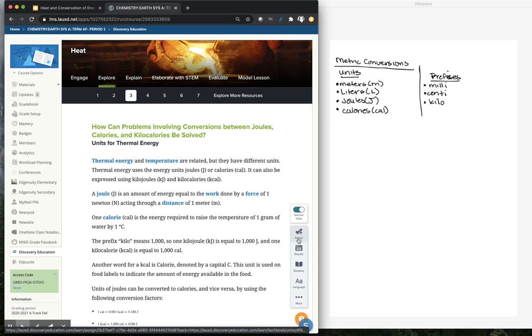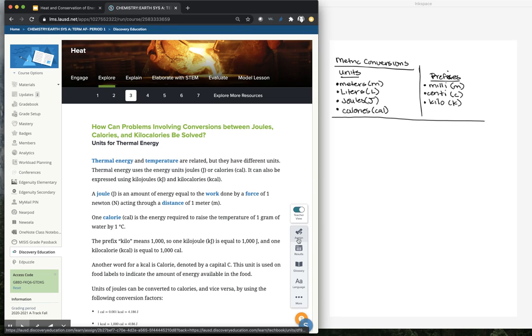And one of the things that I suggest you do is memorize the conversion factors between the different prefixes. So again, those prefixes come before the units. The letter that we use for milli is lowercase m, which gets confusing with meters, I know. Centi is just a C, and kilo is a K.